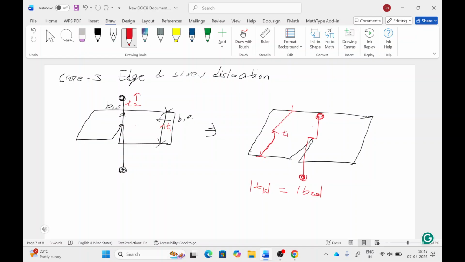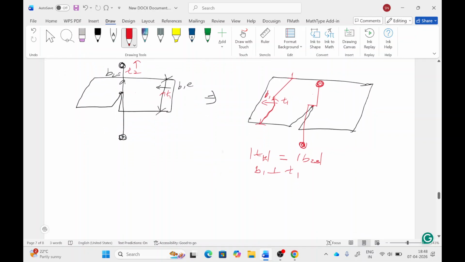and for T1, as we know the Burgers vector is in this direction, B1. After interaction with the screw dislocation, B1 is perpendicular to T1, and it is out of the plane.